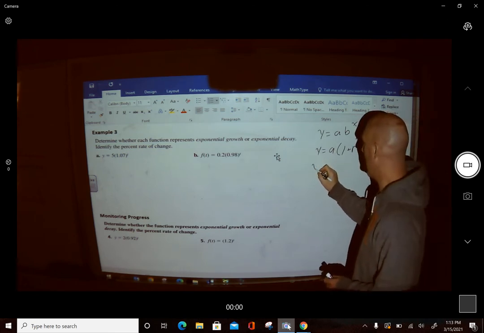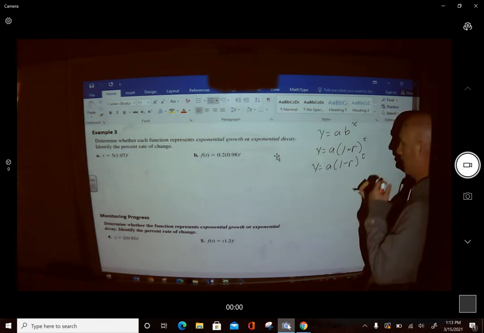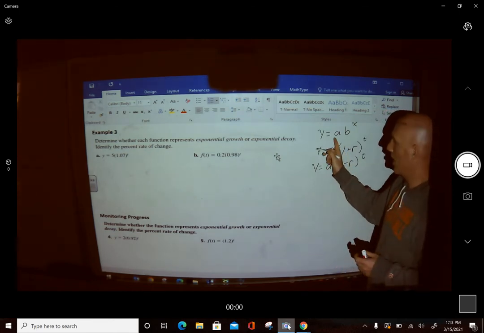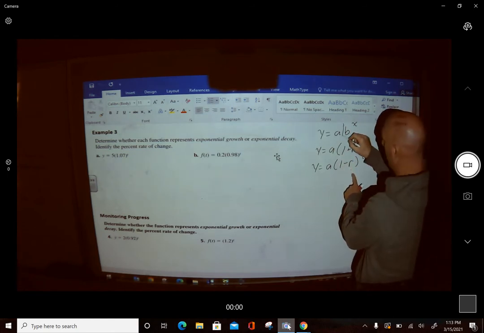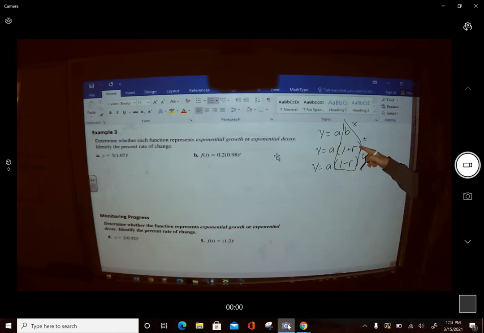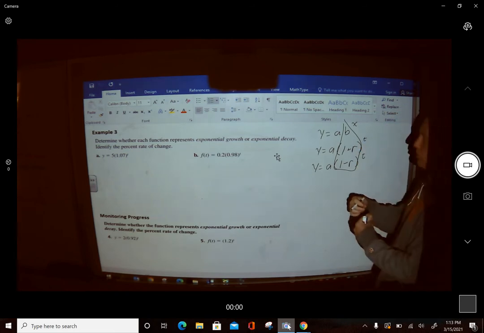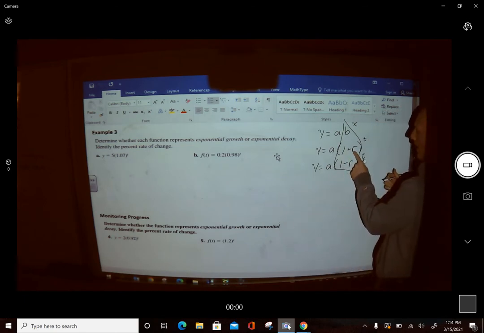If it's decay, it's y equals a outside of 1 minus r to the t. So in general, once I actually take 1 plus r or 1 minus r, that's when we get back to our original form. So these are just the forms we use when someone tells you what the rate is. Then you say if it's exponential growth, you add the rate. If it's exponential decay, you subtract the rate.